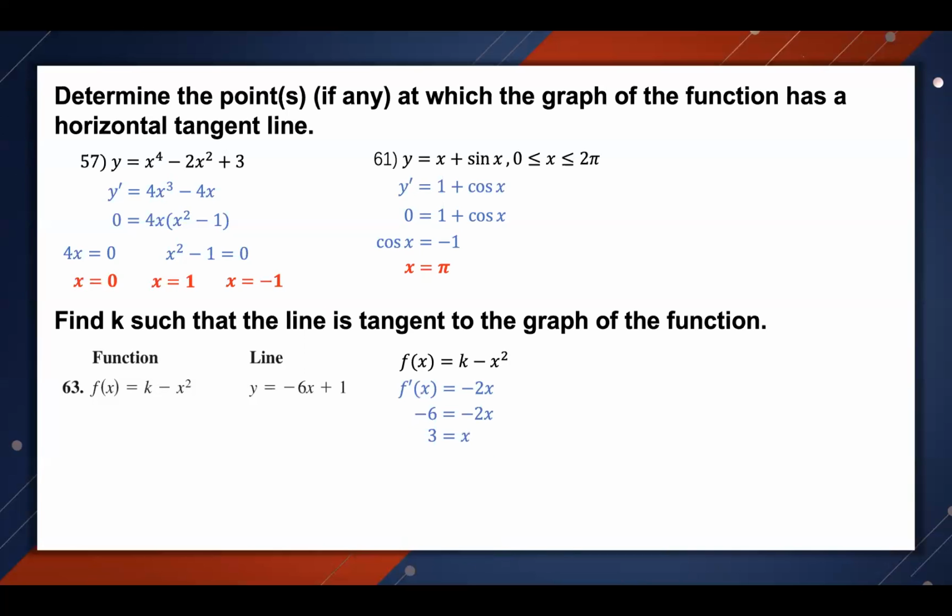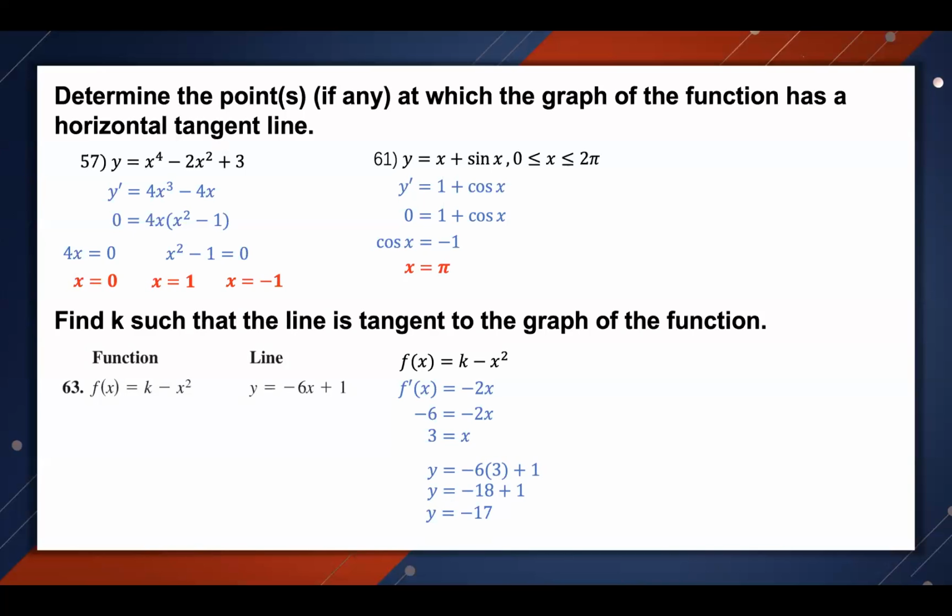First step, we could get f prime equals negative 2x, and we could correspond it with the tangent line y equals negative 6x plus 1, so the derivative as the slope is equal to negative 6, so x would be 3.